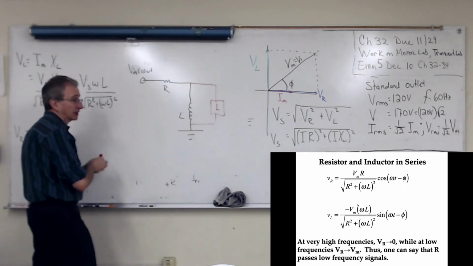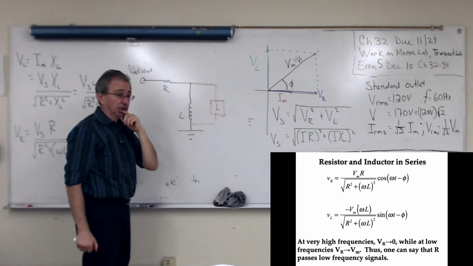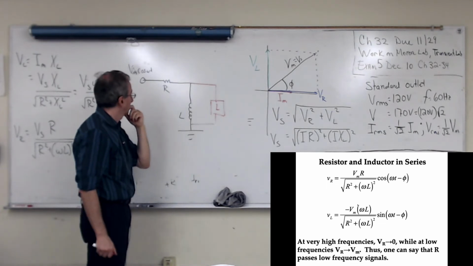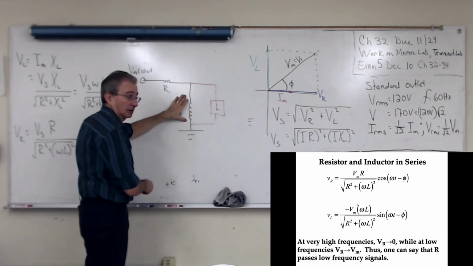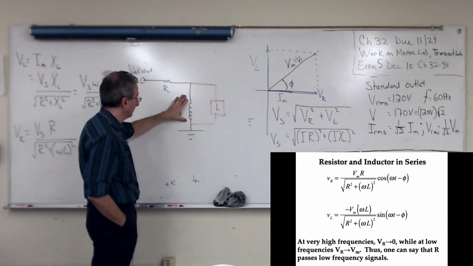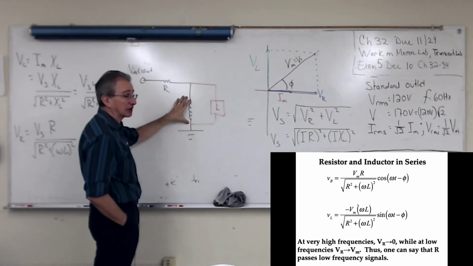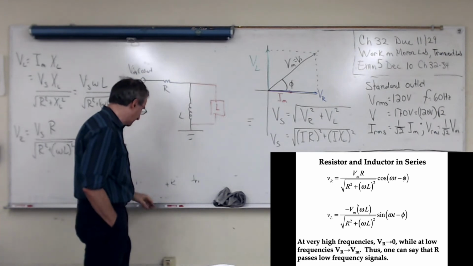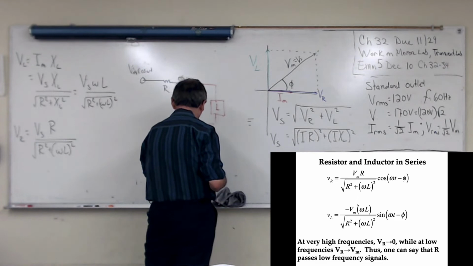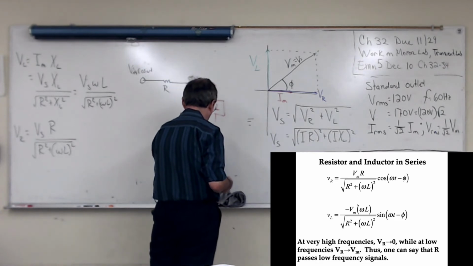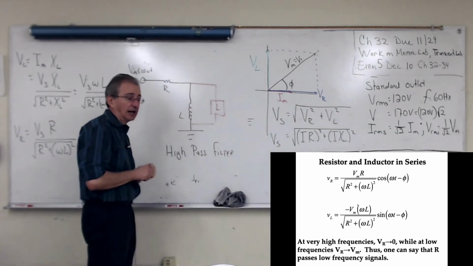At high frequencies, what's going to happen? All the voltage is going to be on this thing. And we say that when you hook up your circuit this way, so your load's across the inductor, this is called a high-pass filter.